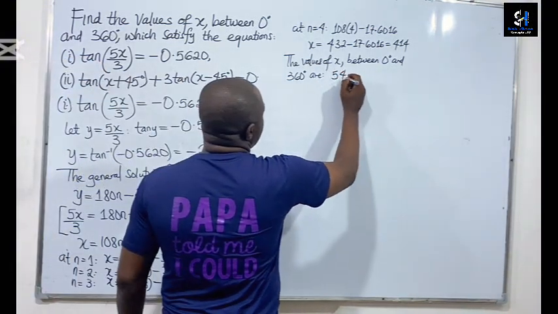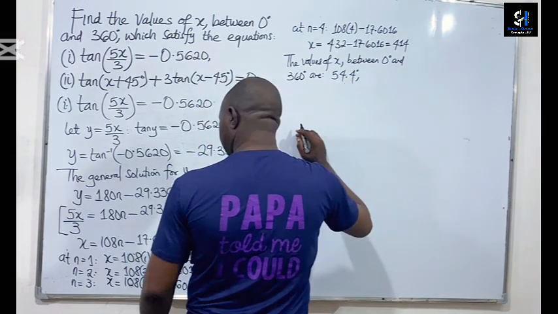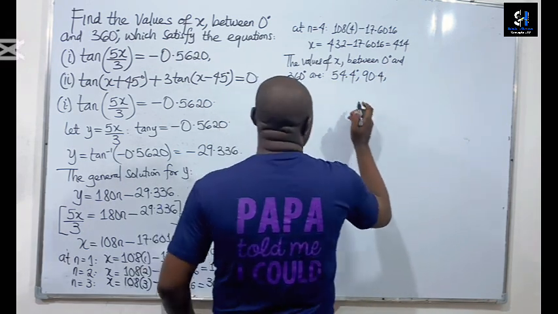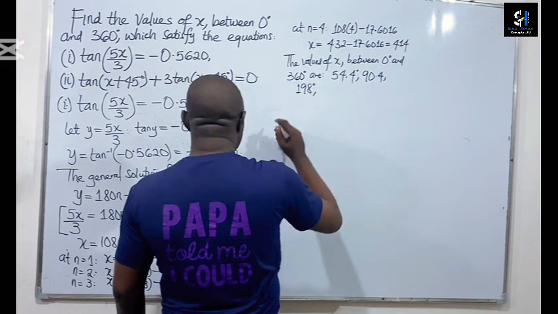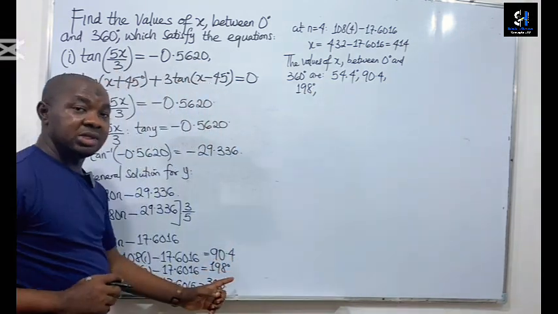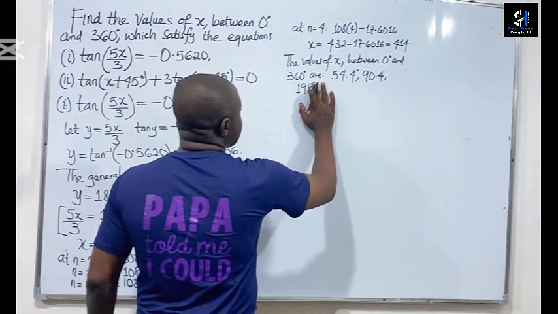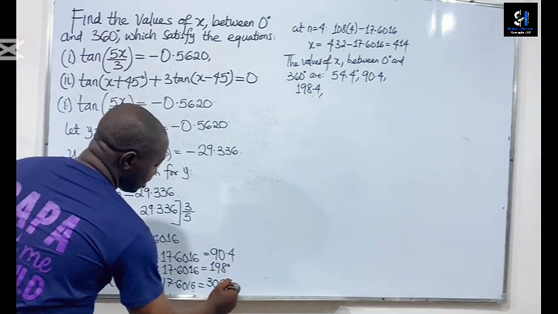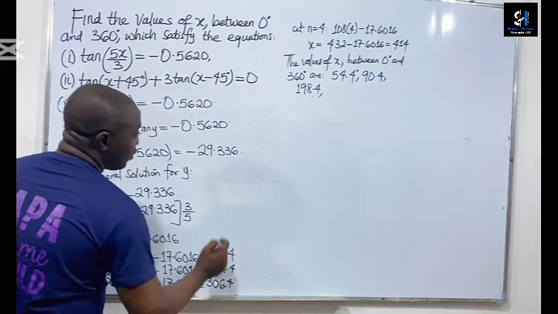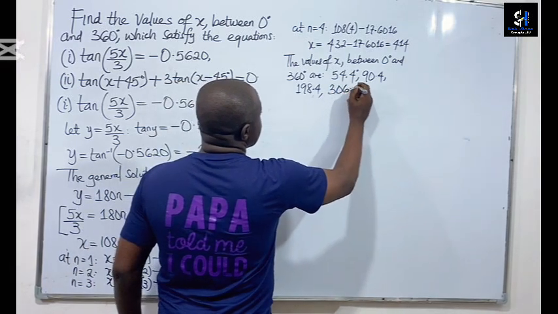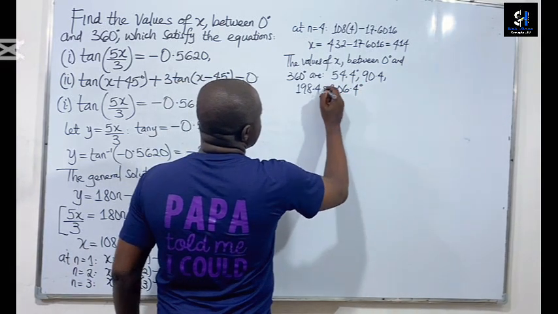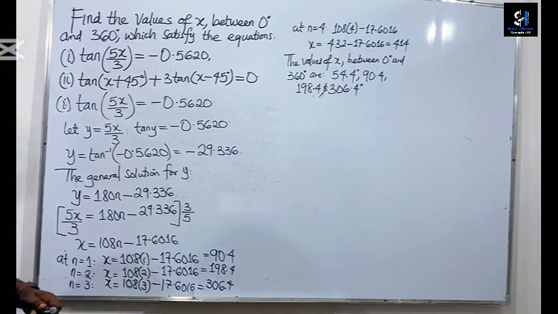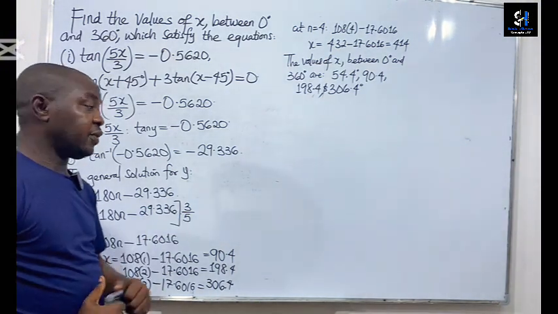That will be 54.4 degrees, then followed by 90.4, then followed by 198.4, then 306.4. So these are the values of x between 0 degrees and 360 degrees for the first question, which is Roman numeral 1.